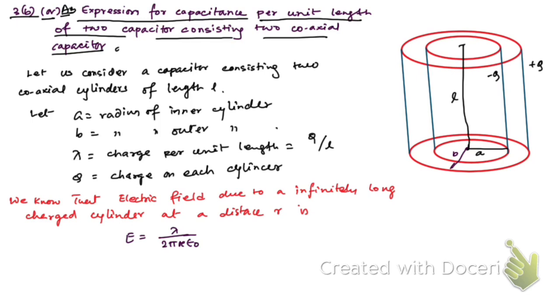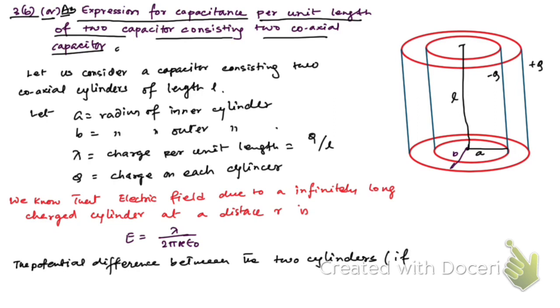If you assume these two are infinitely long cylinders, then what is going to be the potential difference between the two cylinders if infinitely long, right?